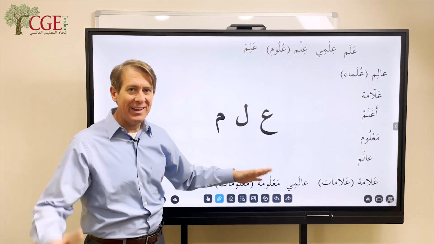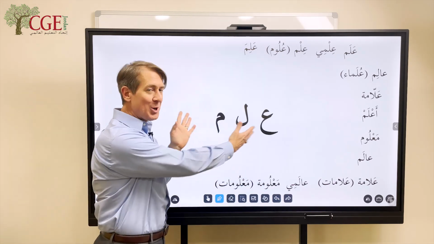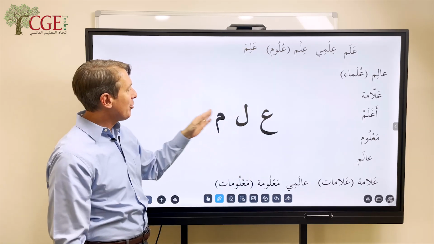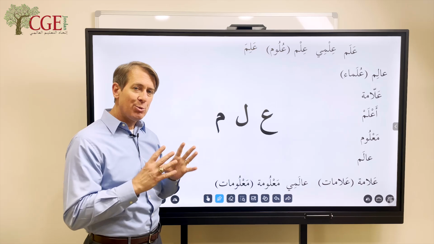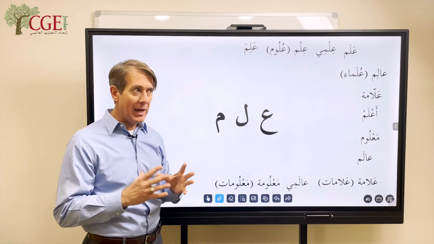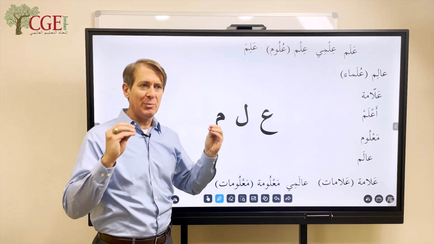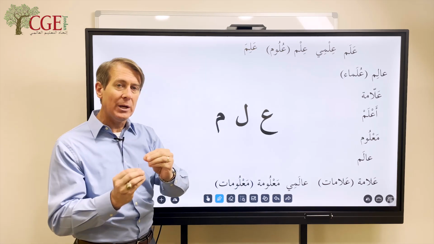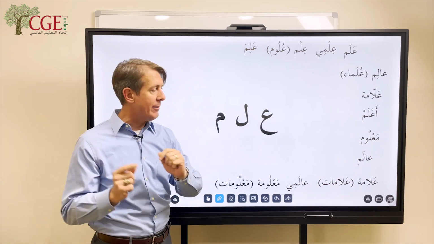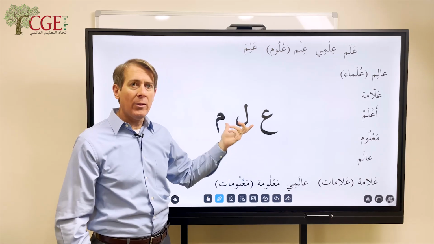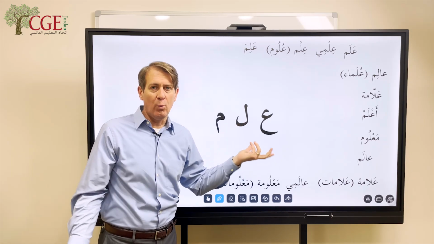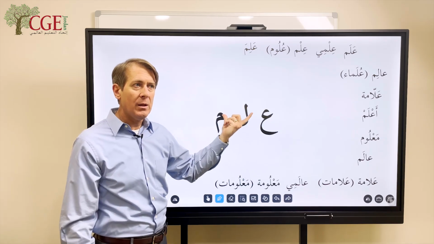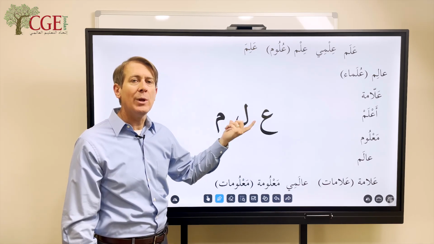Now look how many words are coming from this. All of these words have this triliteral root, these three letters. And what happens is they just have certain rules and engineering that they do, adding this in or that in, and then they come up with a word that you can predict what it would mean, if you know that root essence meaning.